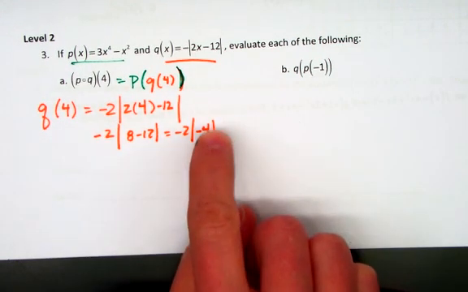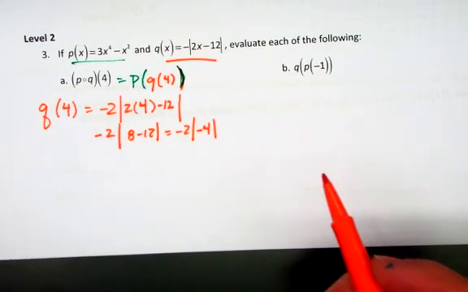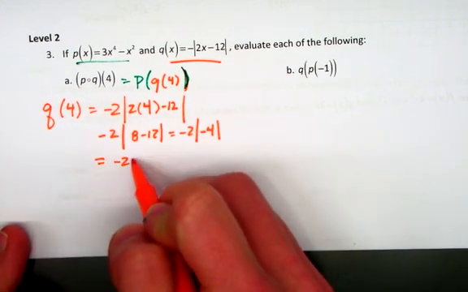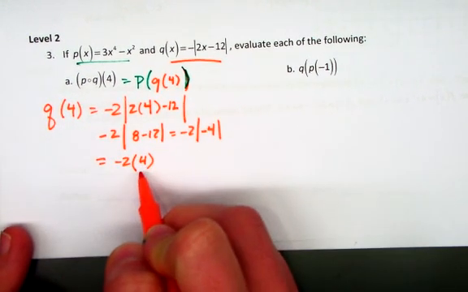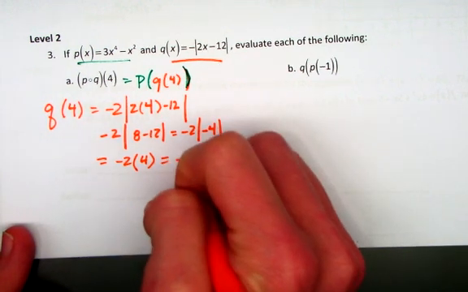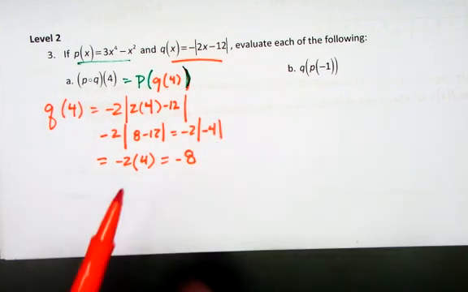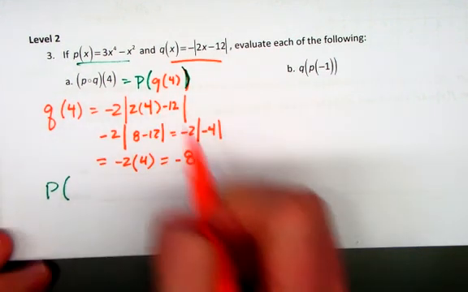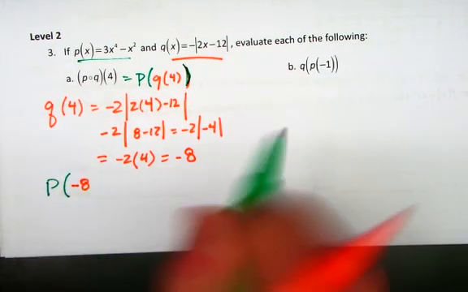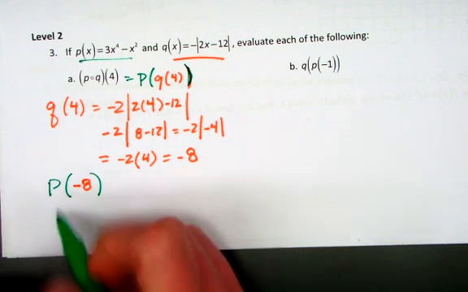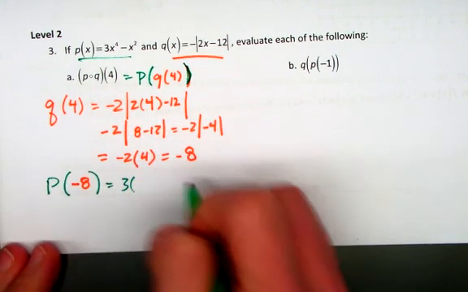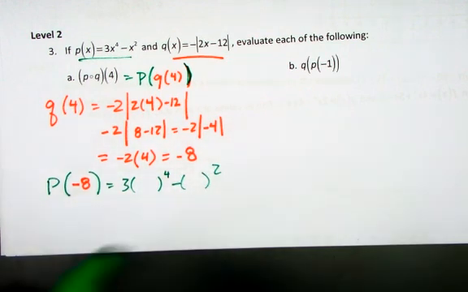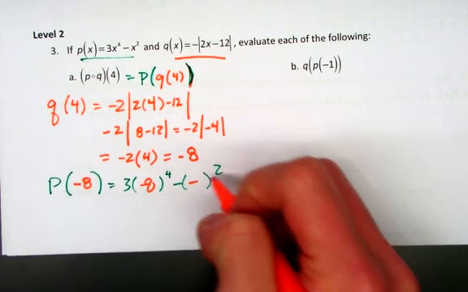How far away is 4 from 0 on a number line? It's going to be 4 units. So Q equals negative 2 times positive 4, because it's 4 units. That's what the absolute value means. And that's going to be negative 8. So now what I want to do is P of, and instead of Q of 4, I can now put negative 8. But now I'm trying to figure out what P is. So that's 3 parentheses to the 4th minus parentheses squared, and I put negative 8.